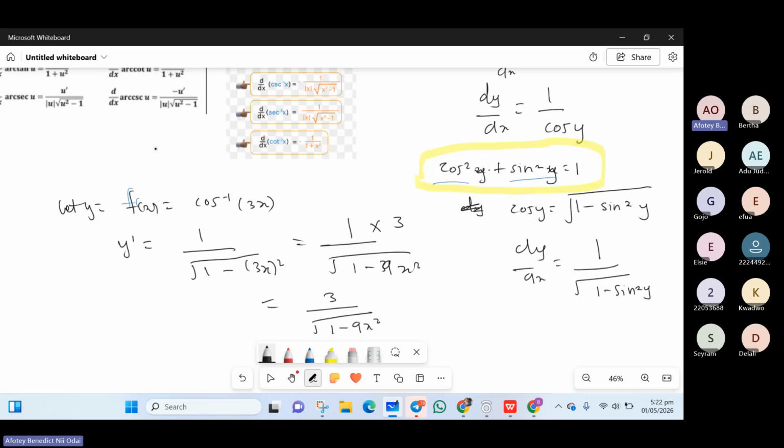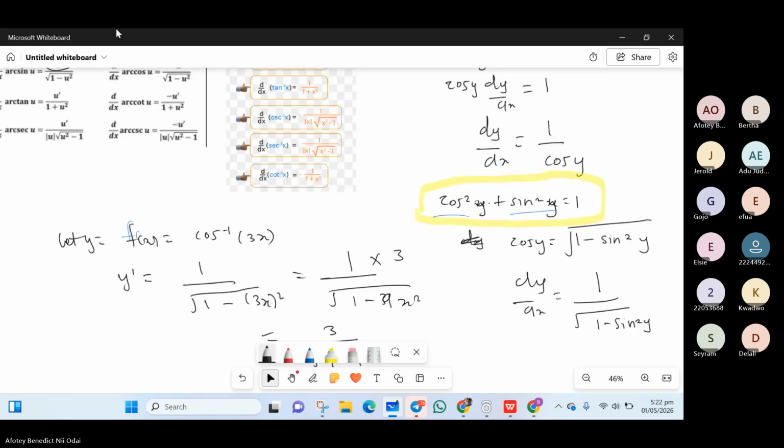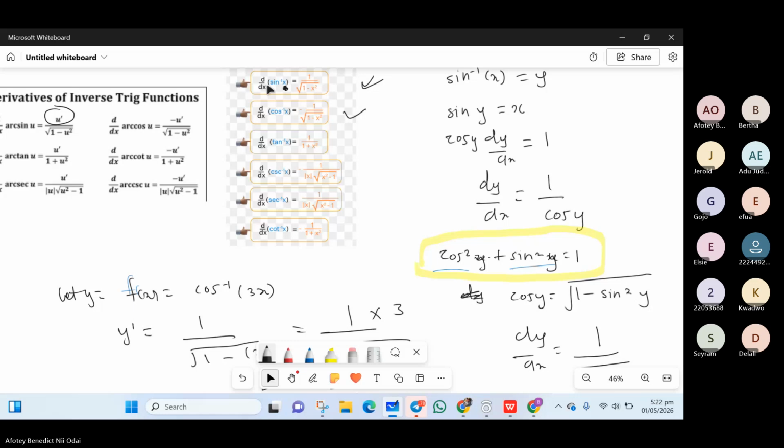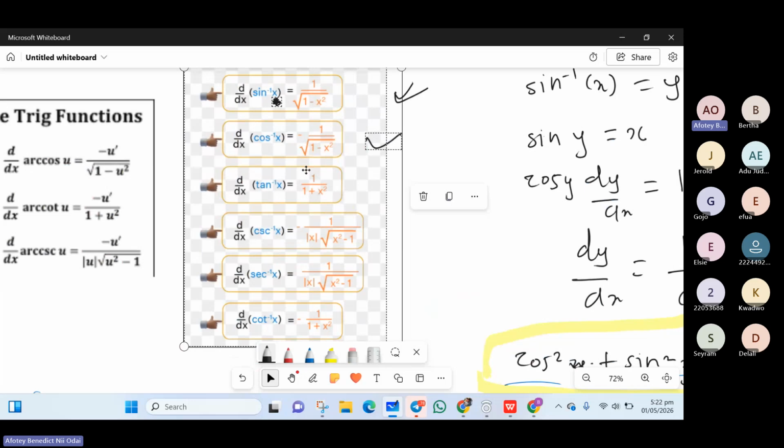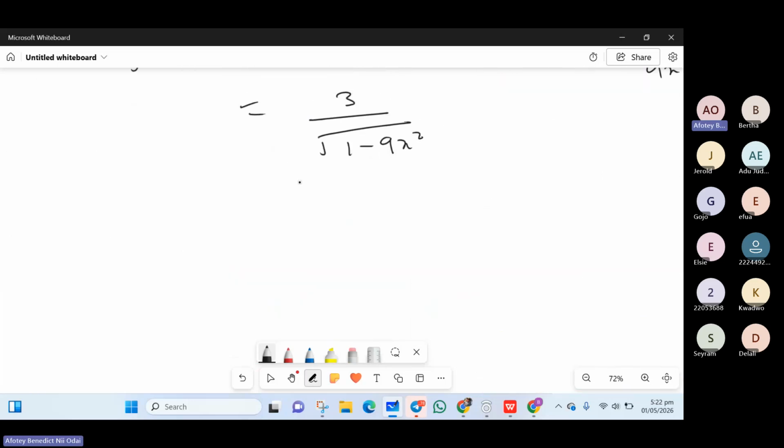Can we simplify this? I don't think we can. So this becomes the final answer. Because we were actually doing a cos, there's a negative here. So we bring our negative and we are done.